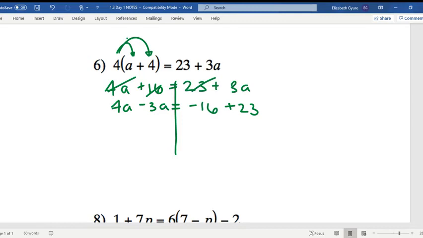So now let's combine our like terms. Mason, what's 4A minus 3A? Yeah, 1A or just A, either way, right? And then negative 16 plus 23 is going to give us 7. And then we're done with that.